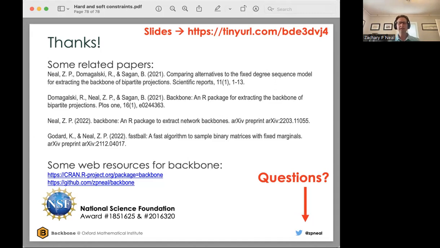And so I think the key feature that distinguishes the bulk of the backbone literature from the literature on backbones of bipartite projections is developing null models that operate on the original incidence matrix before it's been projected. That makes it a bit more complicated, a bit slower, but perhaps better suited for bipartite projections.